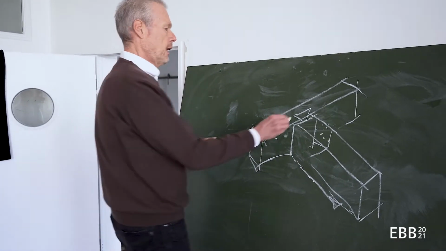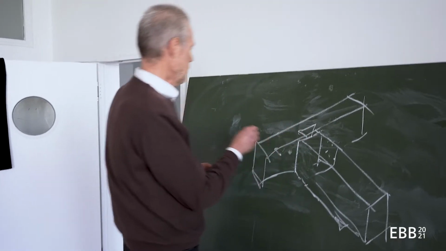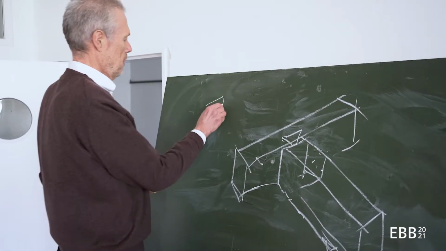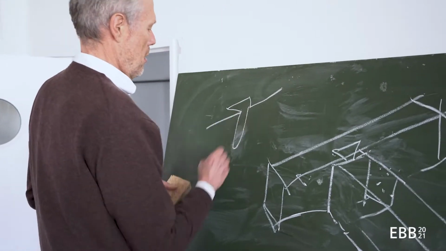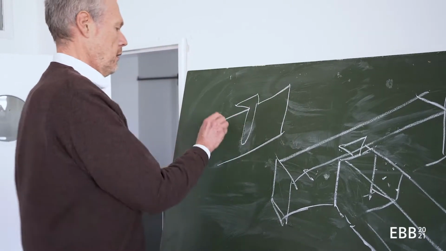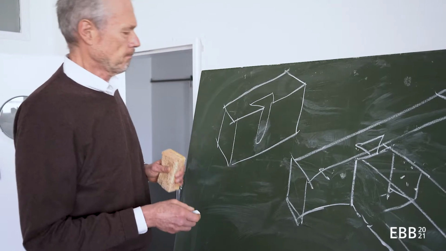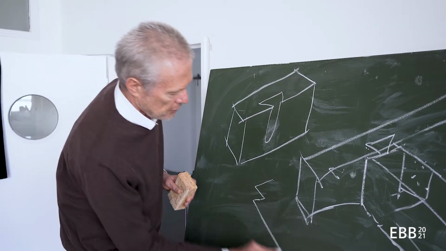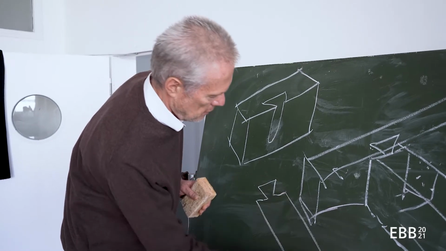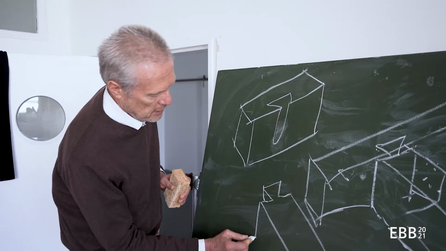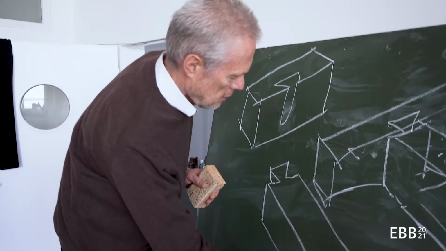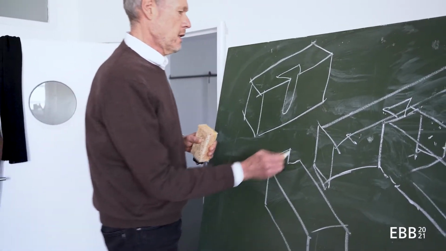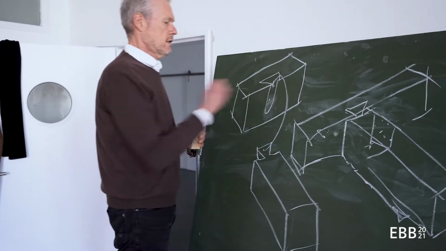This would mean that I have a negative here, which would be something like this, milled out of the timber beam. And then I would have a positive nose here, milled out of another timber beam, and then this would slide inside the first.